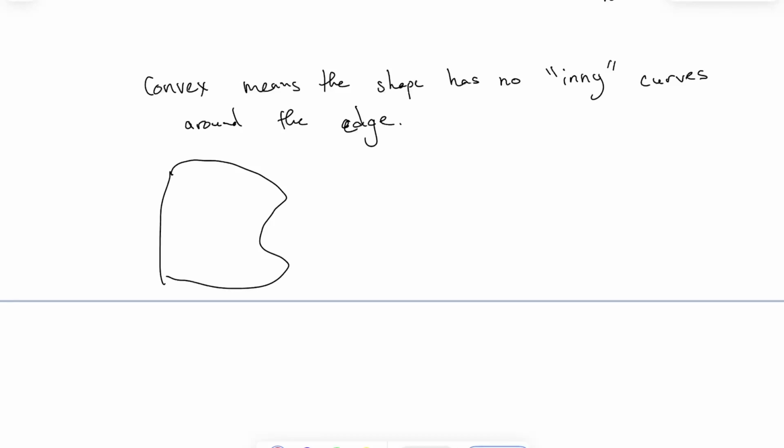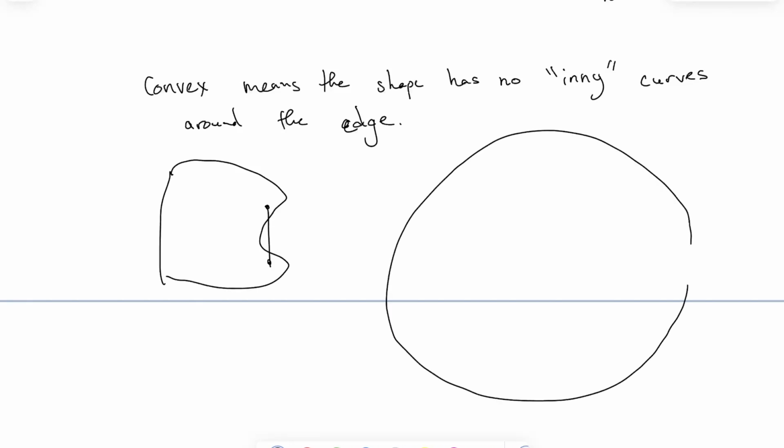That part of the curve, this kind of inward bend of the curve, that's what I'm informally calling an innie. And if that ever happens, then the shape is not convex because you can draw a little line going across the innie, right? Even if it's just a tiny little innie part, like this whole thing right here is more or less convex, but if I just put a little guy right there, that wrecks the whole thing because now I can put 2 points on either side of this little innie curve, all right?